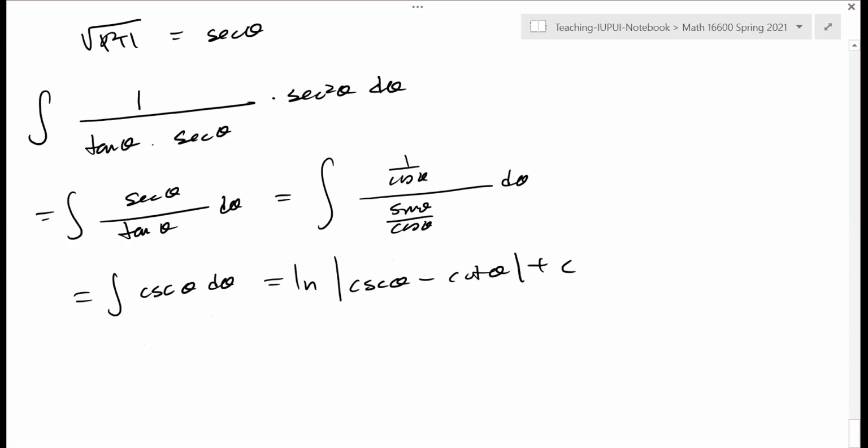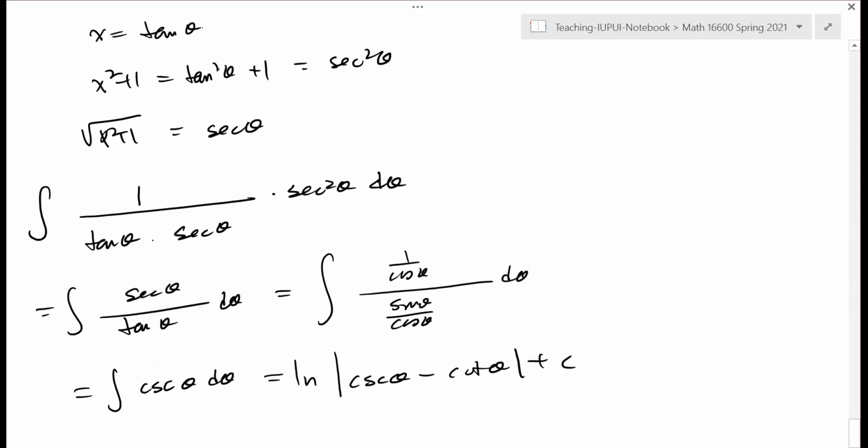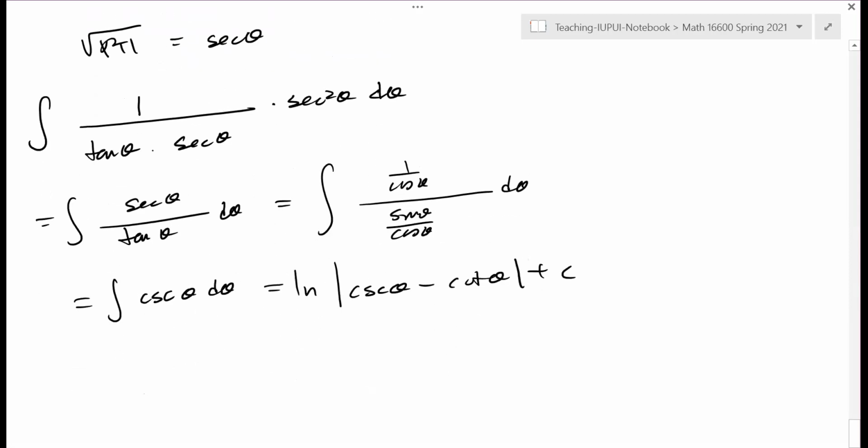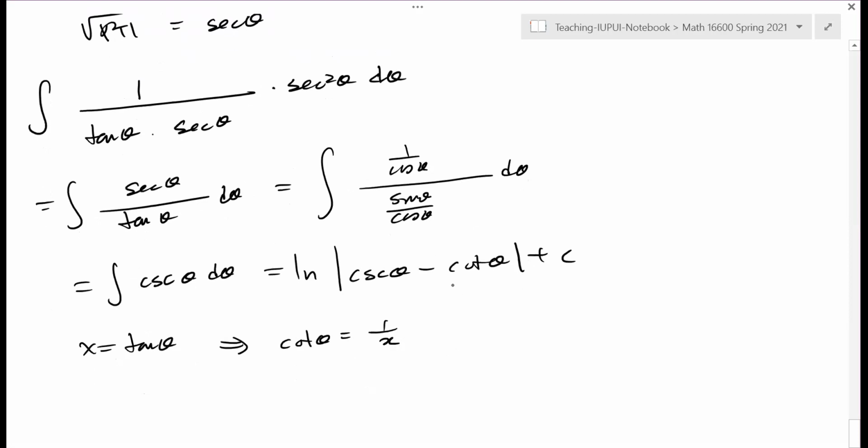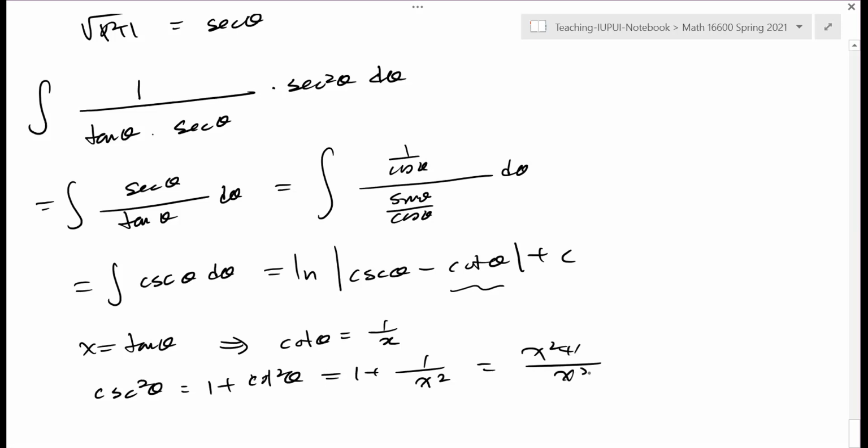So anyway, x is tangent theta. That implies cotangent theta is going to be 1 over x, right? And because cosecant squared theta is 1 plus cotangent squared theta, it's 1 plus 1 over x squared.